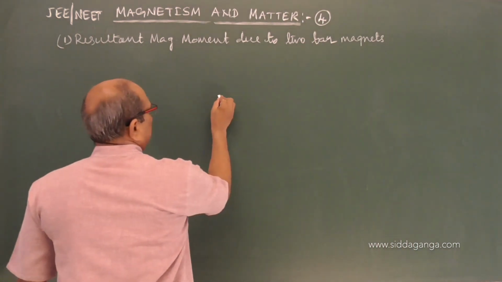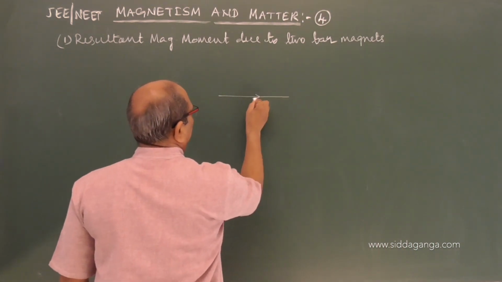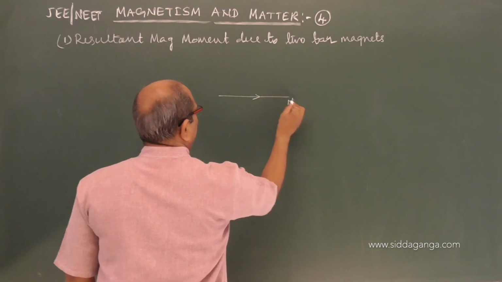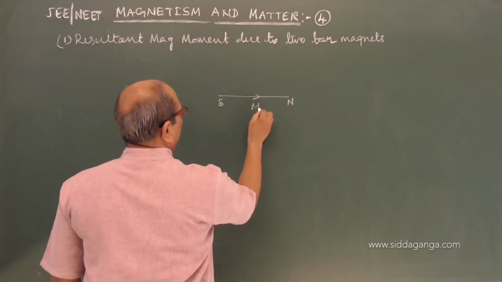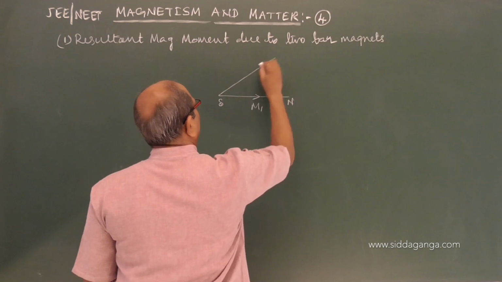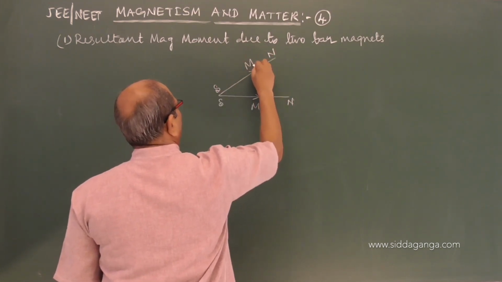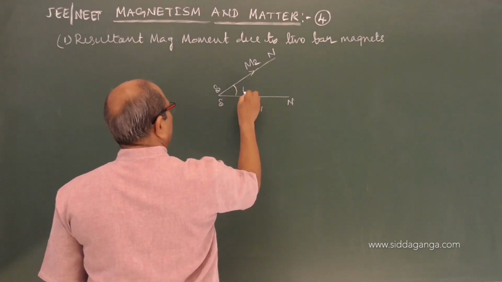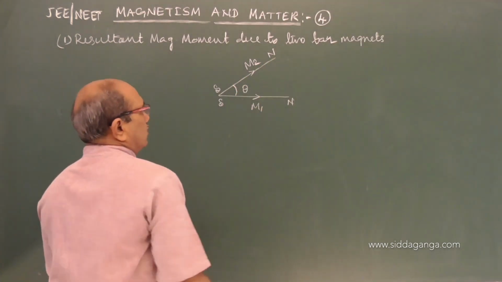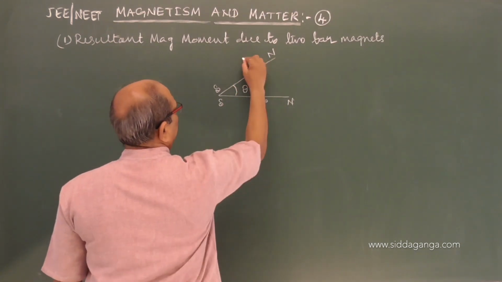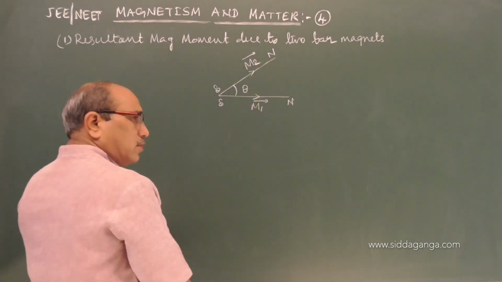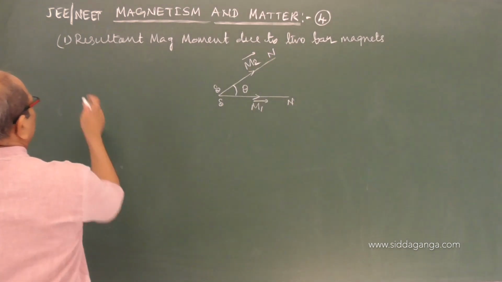So let us think of one bar magnet with north and south having moment m1, and another with south and north of moment m2, making an angle theta. As moments are vector quantities, we can use our vector addition relation.